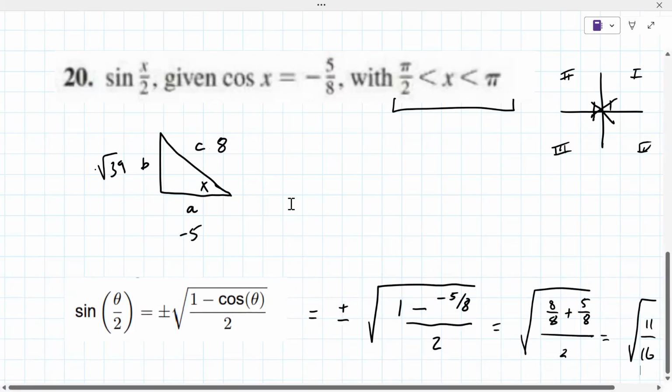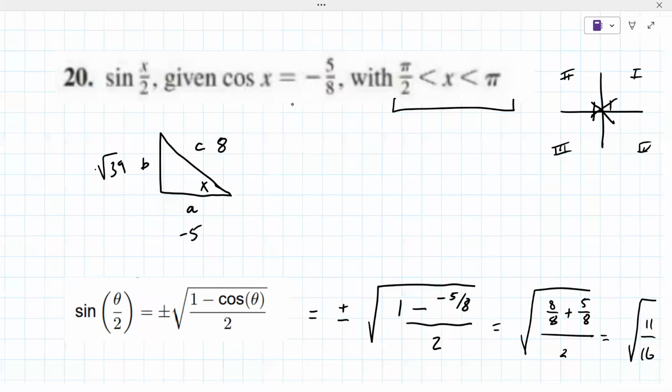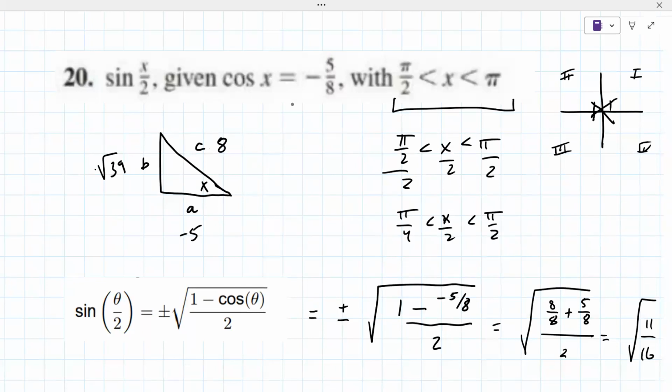Now, the plus or minus, that's very difficult for most students. There are some rules to remember, but remember, theta, the angle, is being cut in half. X is really being cut in half. So you're actually taking this inequality here and cutting it in half, which gives you pi over 4 less than x over 2 less than pi over 2, which puts you back in quadrant 1.